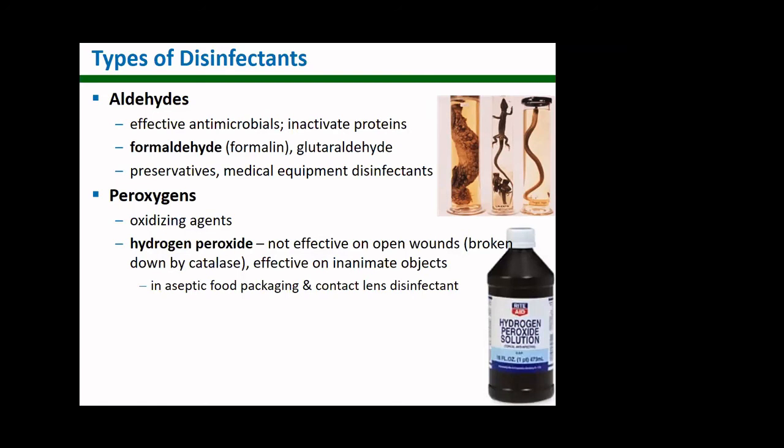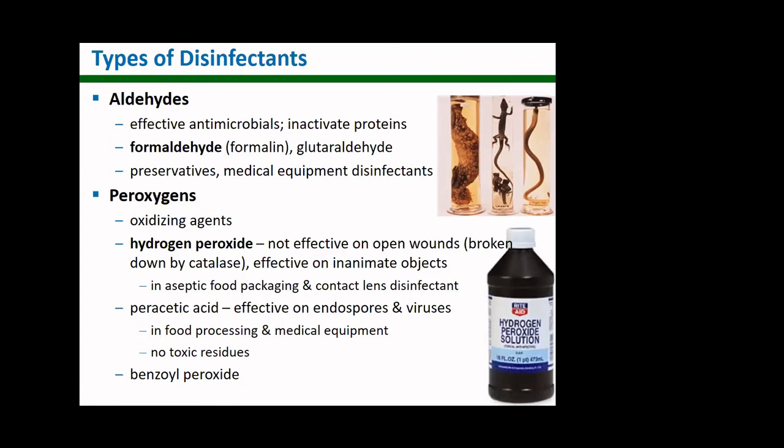Peroxides are great disinfectants. Interestingly enough, with hydrogen peroxide, they're recommending that you don't use that on wounds anymore because it can actually hurt the tissue more than it can help by killing microbes present. But peroxide is also used in some food packaging and in contact lens disinfectant. Some forms of dental hygiene use hydrogen peroxide.